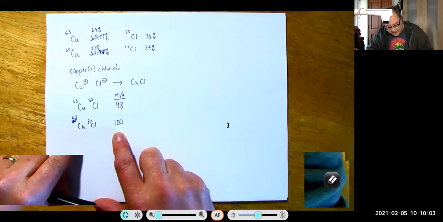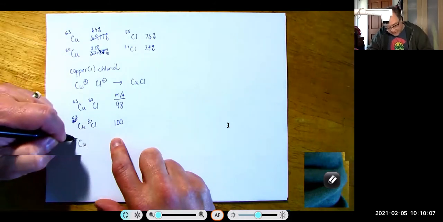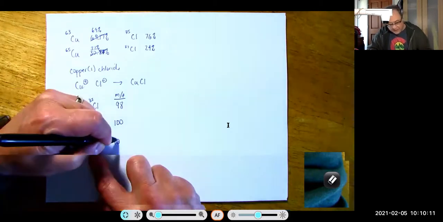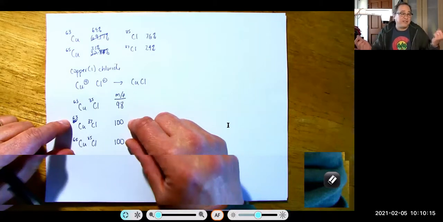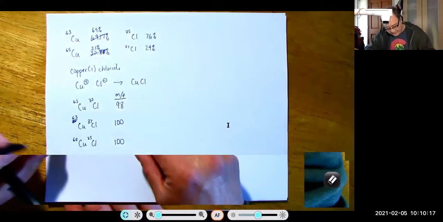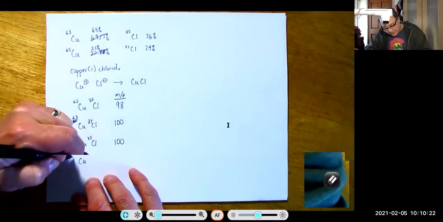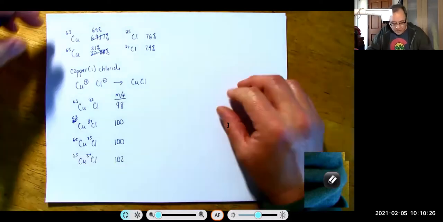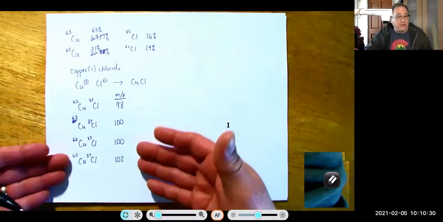Now I'm going to go to the other isotope of copper, which is 65, and you could have a chlorine 35, and this would have a mass of 100. And your spectrometer would not be able to tell the difference between those two. They'd say, oh, they're the same thing. And then you could have a copper 65 and a chlorine 37, which would have a mass of 102. Okay, so which one of these four would be the most likely?